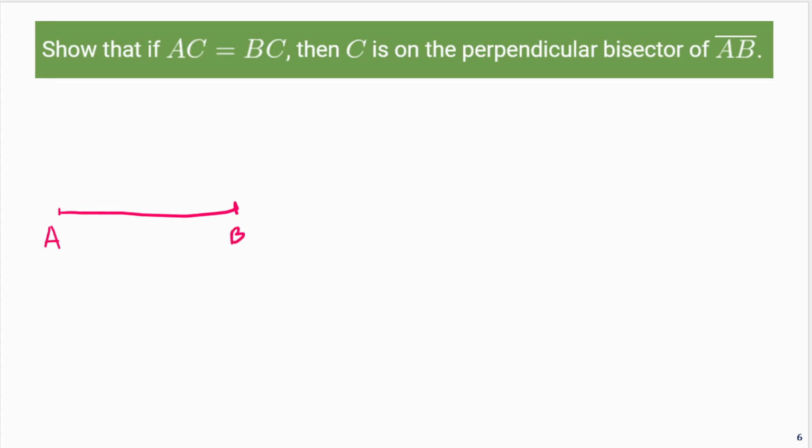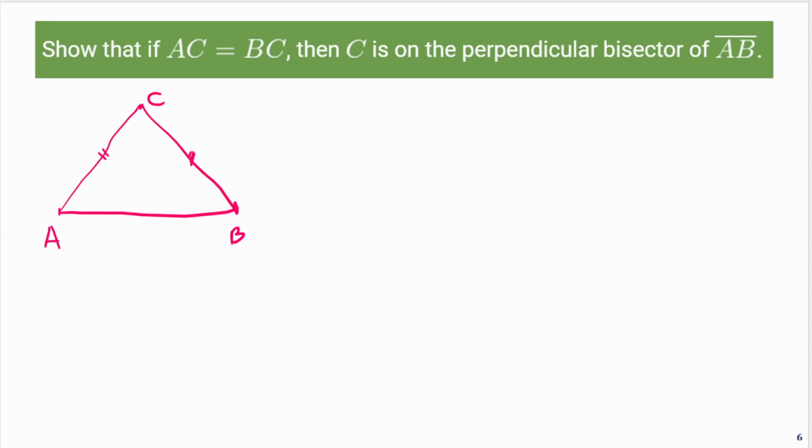And we have a point C somewhere here. Well, we know AC equals BC. Can you show that C must be on perpendicular bisector of AB? So first of all, if C is on the segment AB, we know C must be the midpoint. In that case, C must be on the perpendicular bisector of AB, right? If C is not on segment AB, can you still show this is true?